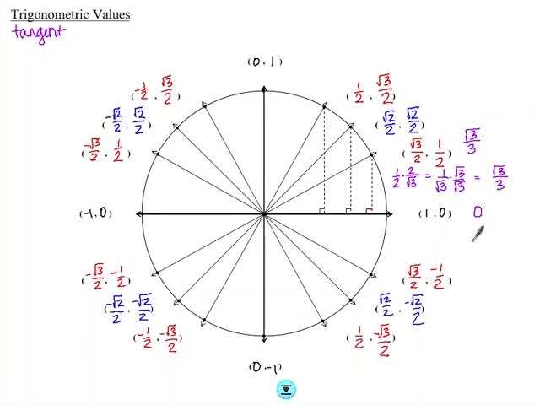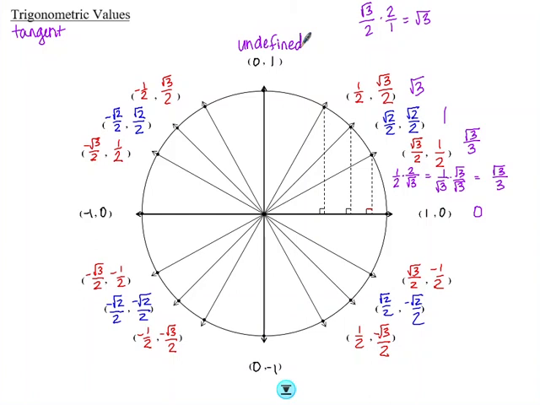For the next angle, we have square root of 2 over 2 divided by square root of 2 over 2, which is 1. Then we have square root of 3 over 2 divided by 1/2, or times the reciprocal, which gives us square root of 3. Here we have 1 divided by 0. Since we can't divide by 0, the tangent function is undefined at an angle of pi over 2.